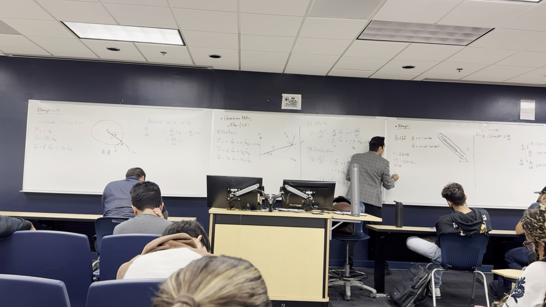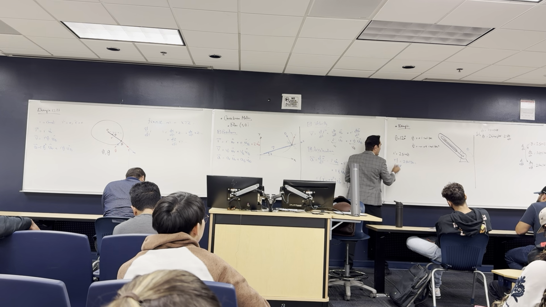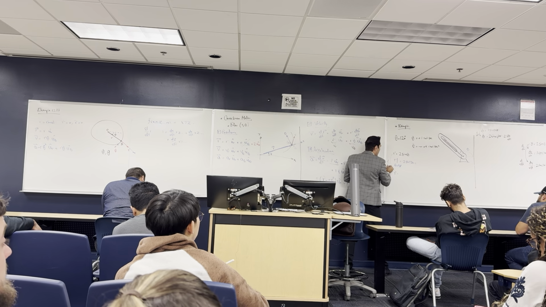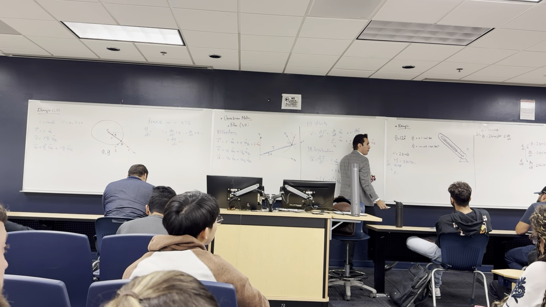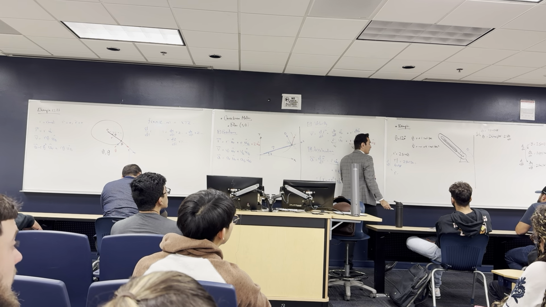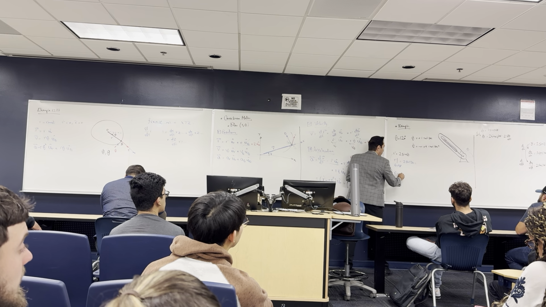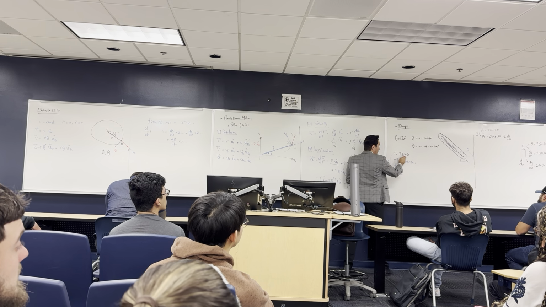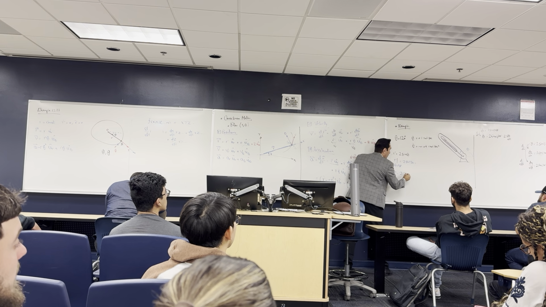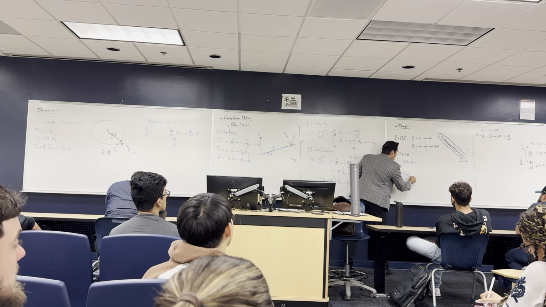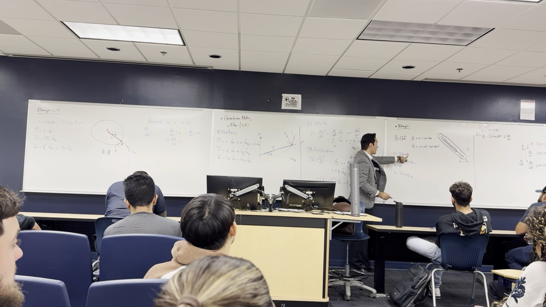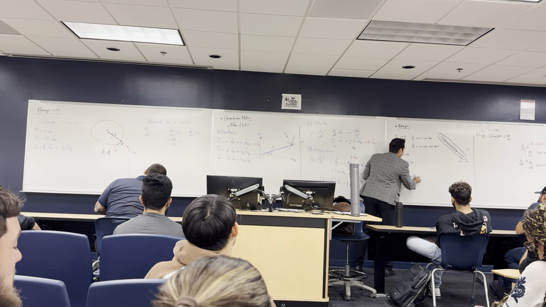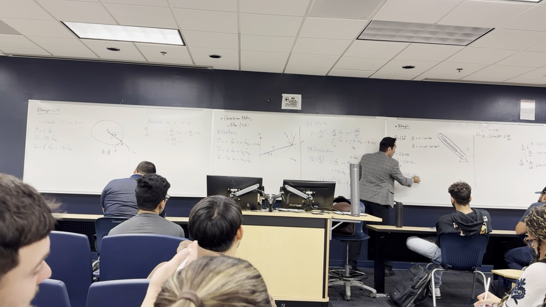If I want to get r dot, I need to differentiate this with respect to the time, d dt. You guys tell me what is the value here based on what I did here. 2 sine theta. If I differentiate sine, it's going to be cosine theta multiplied by theta dot.